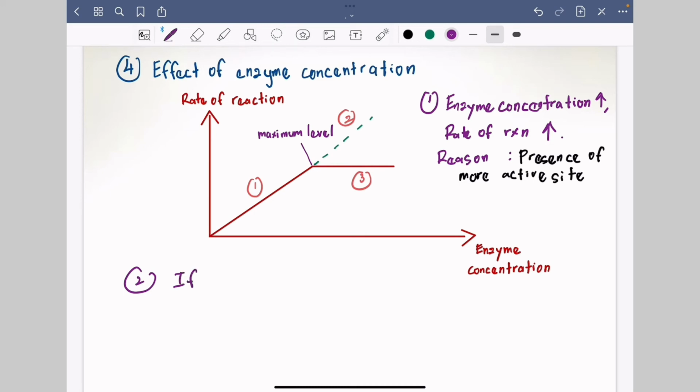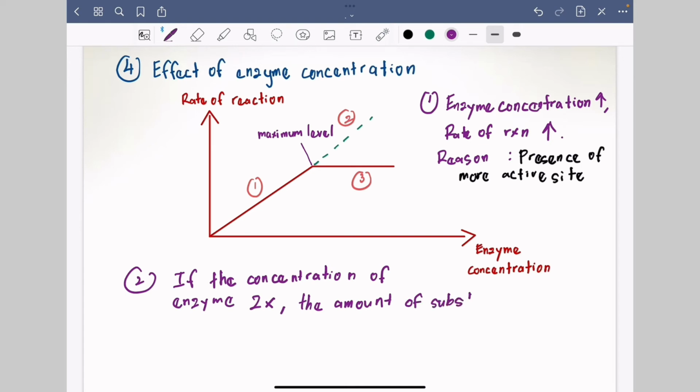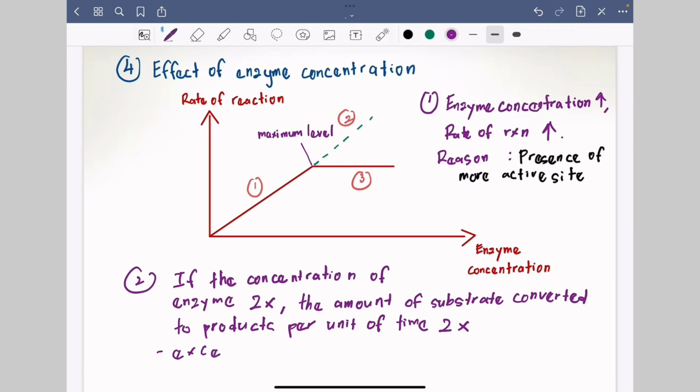If the concentration of enzyme is doubled, the amount of substrate converted to products is also doubled, as long as there is an excess supply of substrate.